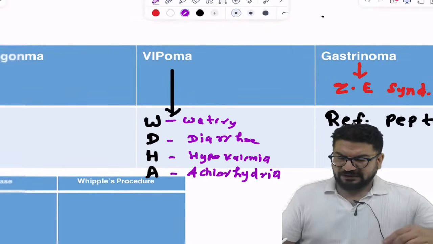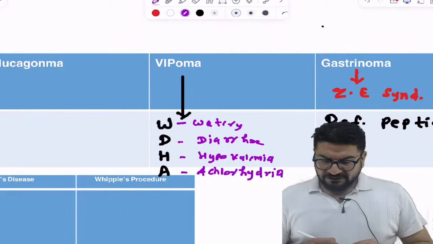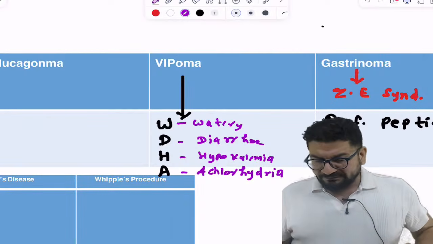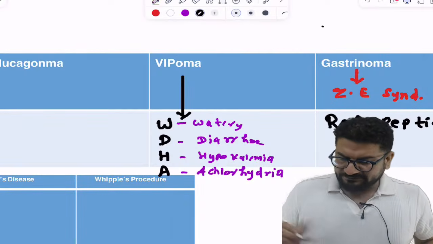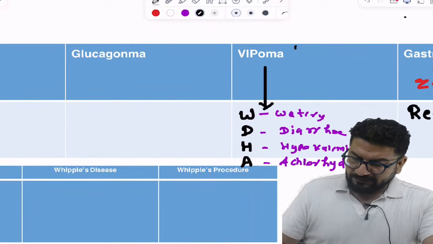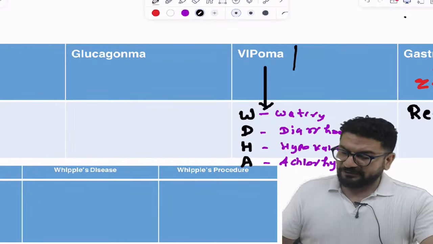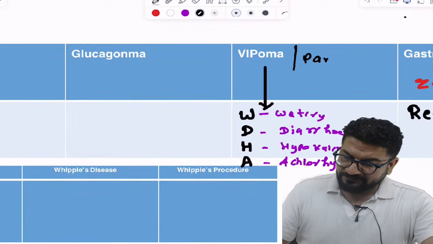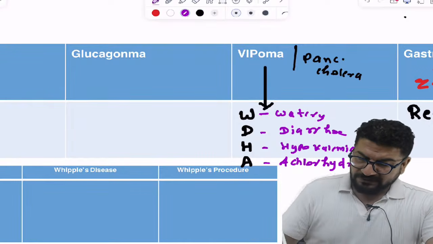So we call this VIPoma. VIPoma is something where you will see watery diarrhea. Where else did we read about watery diarrhea? In cholera. So we also call this pancreatic cholera.